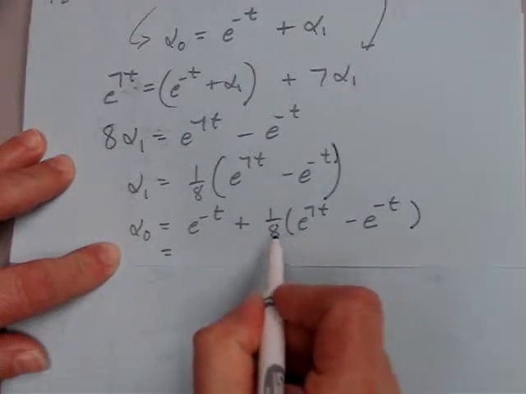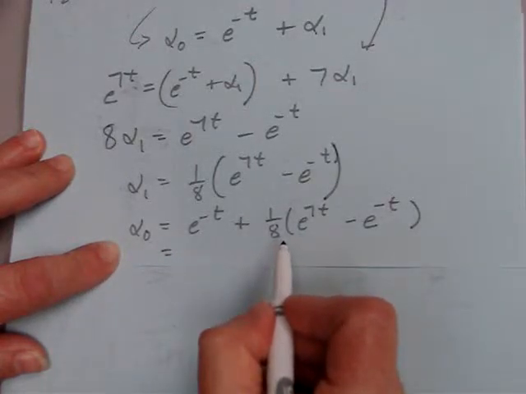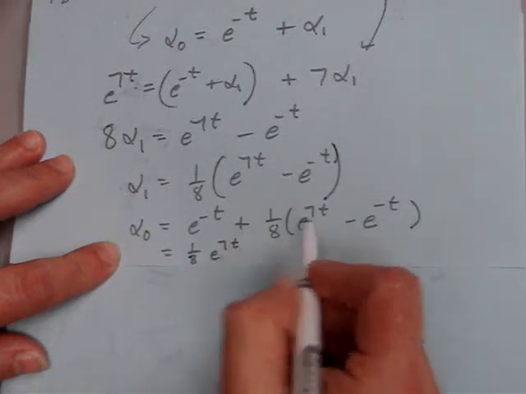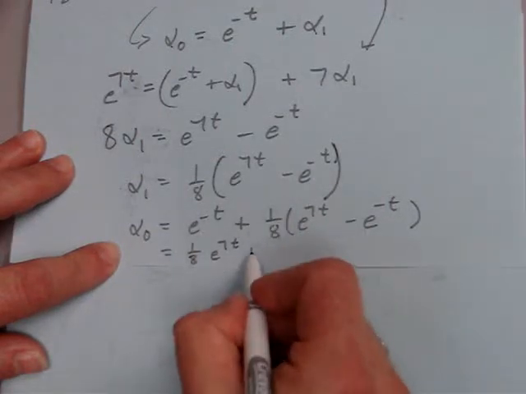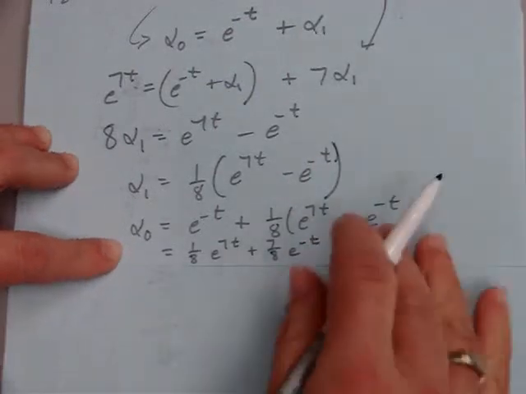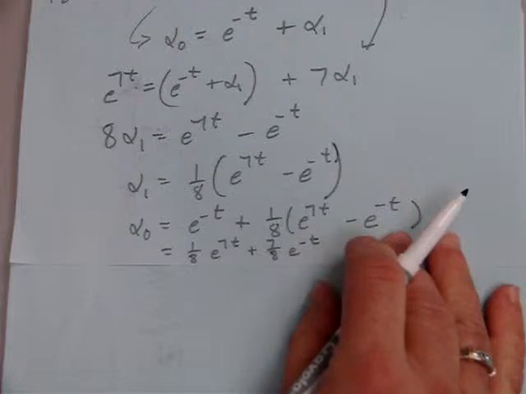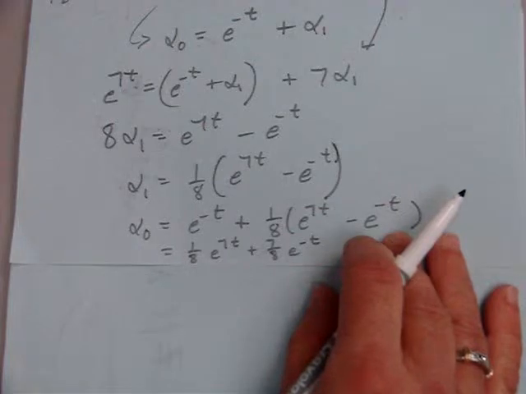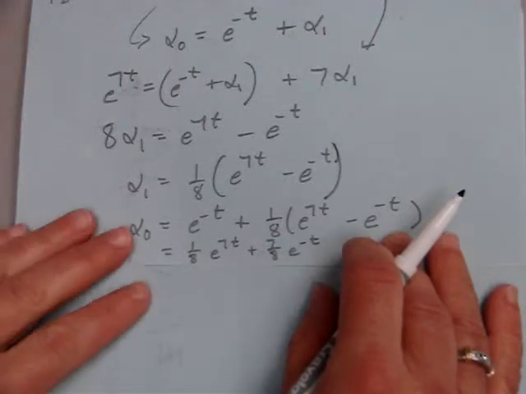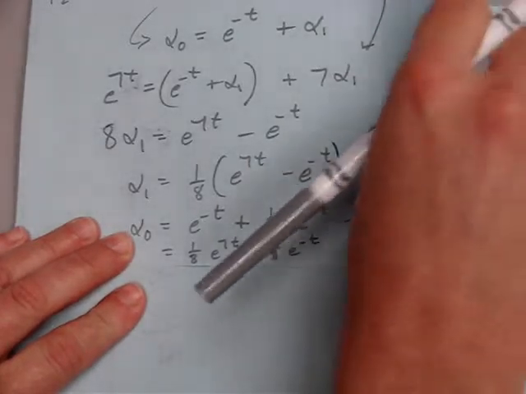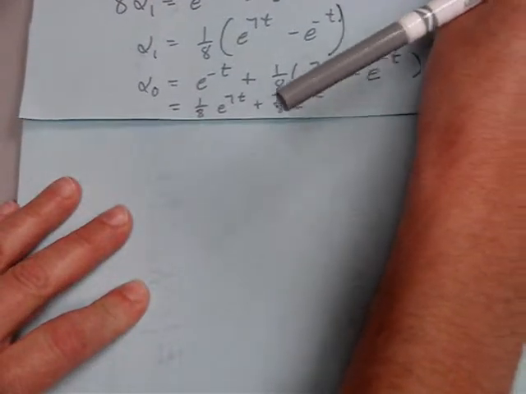Alright, so what does that come out to be? 1/8 e to the 7t, and then 1 minus 1/8, so plus 7/8 e to the -t. Okay, so we've got our alpha 1 and alpha 0.